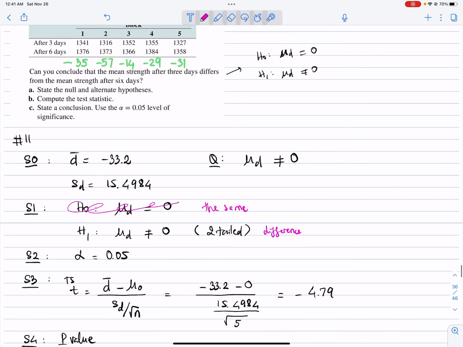The question asks, can you conclude that the mean strength after 3 days differs from the mean strength after 6 days? We have mu d not equal to 0, so they are different. So we can conclude that the mean strength after 3 days differs from the mean strength after 6 days.